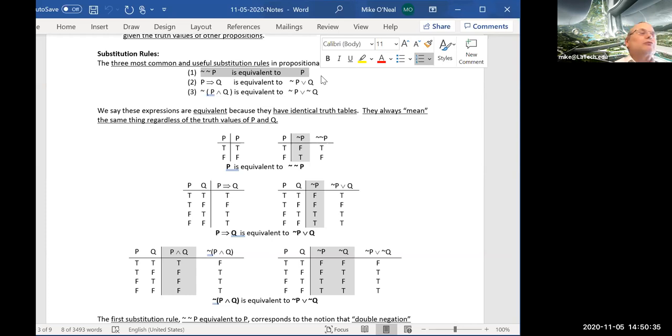Now, remember again, I said that you lose shades of meaning when you go from English to logic. Do we lose a shade of meaning when I say, I suppose it's not impossible that Biden wins the election? What am I really saying there? Human to human, am I just saying it's possible that Biden wins the election?